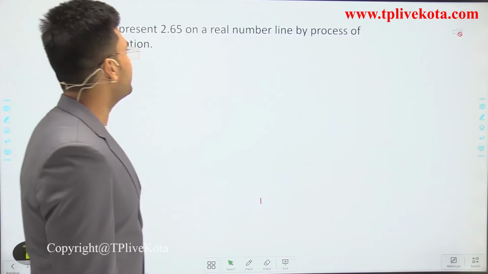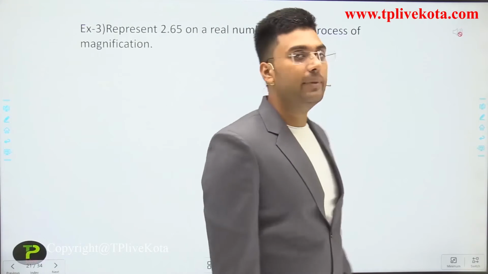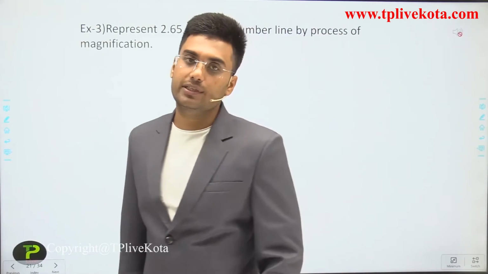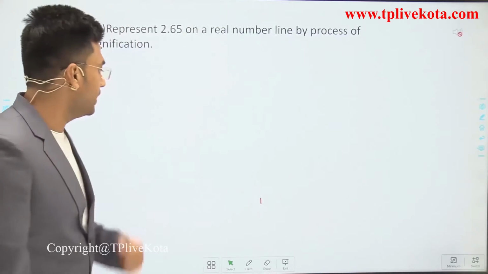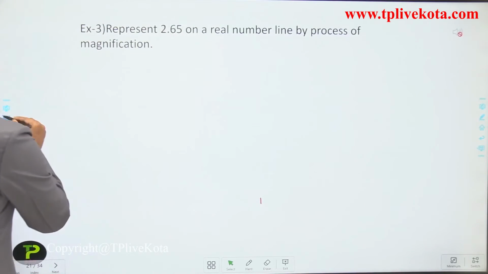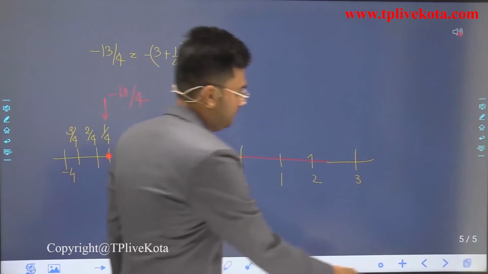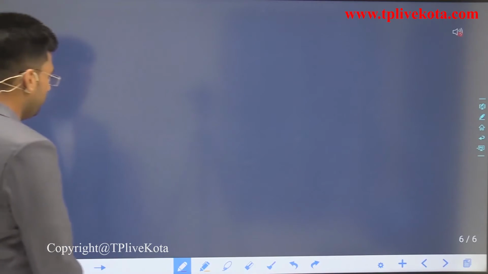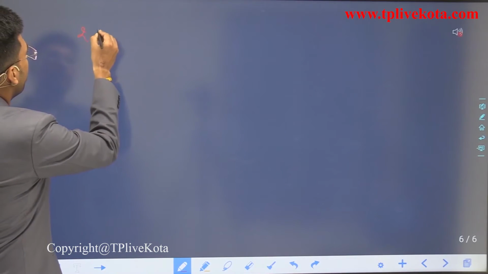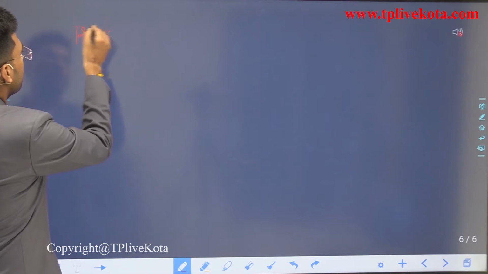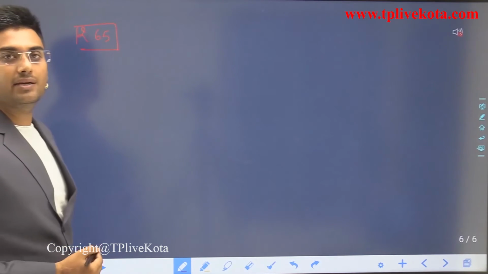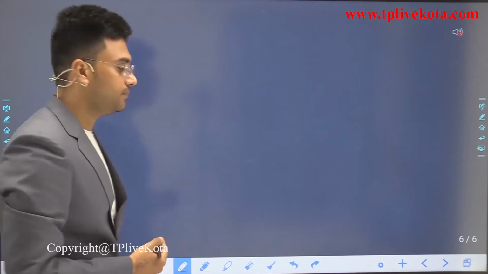Represent 2.65 on the real number line by the process of successive magnification method.